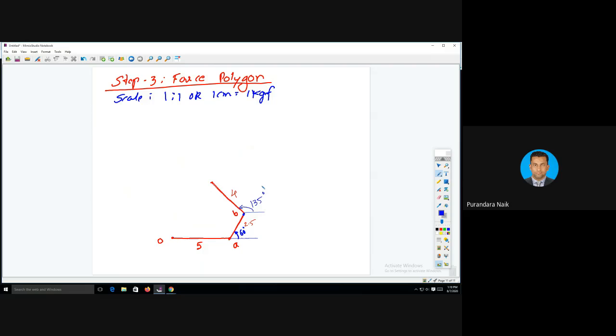After this, you need to draw the next line. Let us consider this point as point C. Now again, you need to draw the reference line as the 0 line, the positive x-axis.